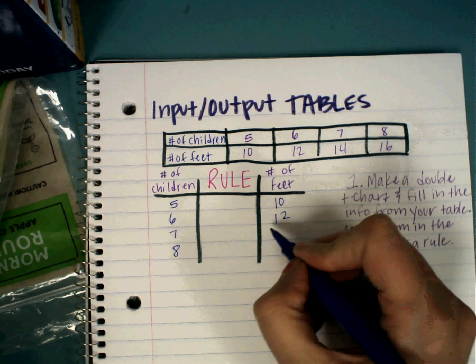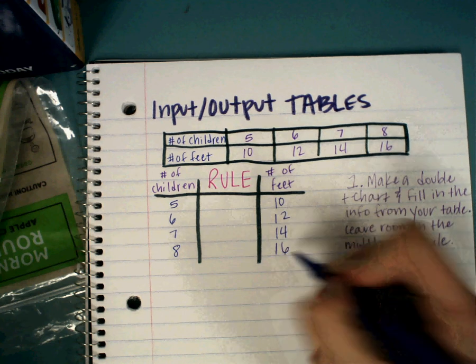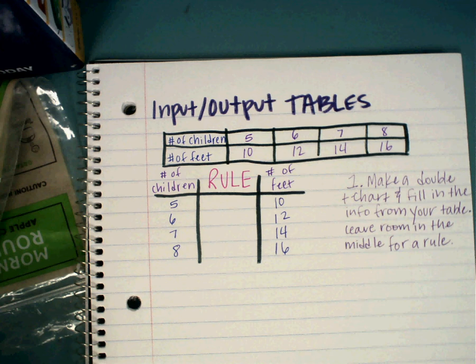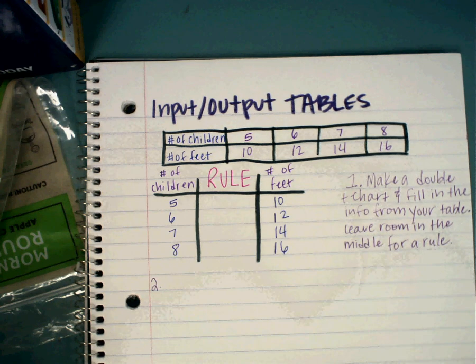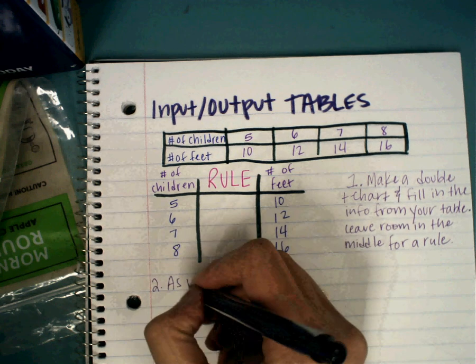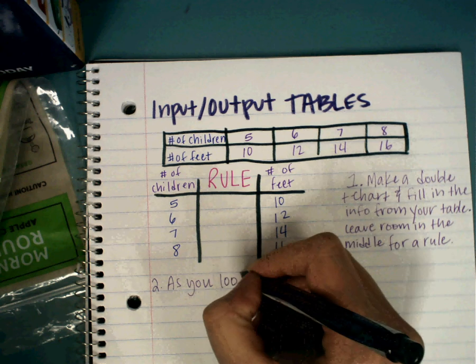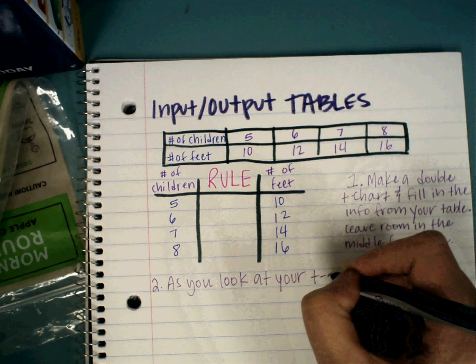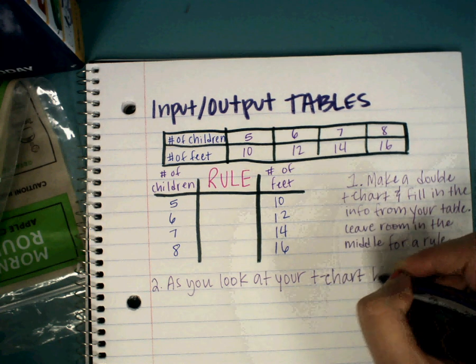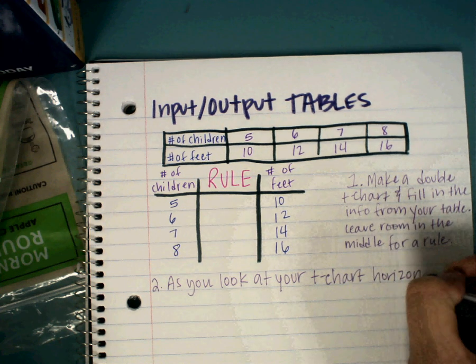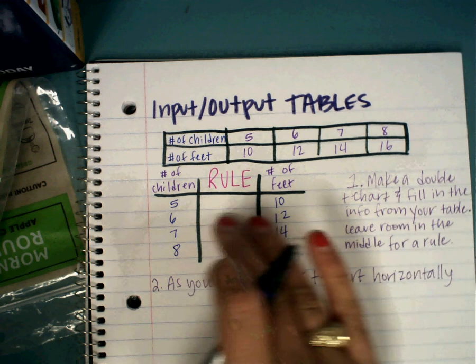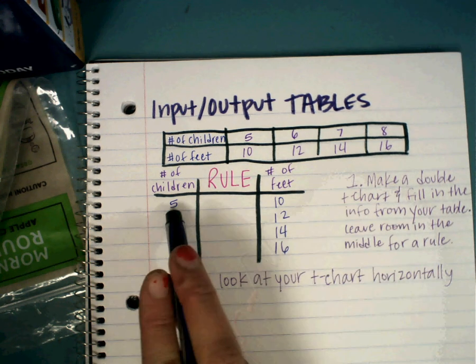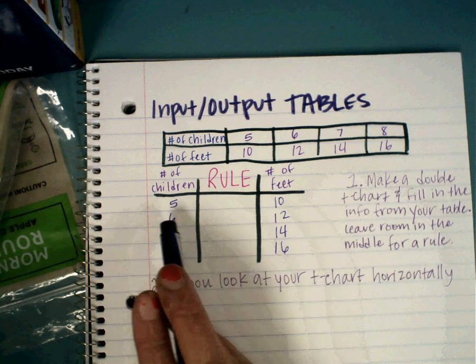All right? So second step. Step 2: as you look at your T-chart horizontally, remember horizontal is this way, right? We're looking this way, so we're looking from 5 to 10. We're looking from 6 to 12. We're looking from 7 to 14, okay?